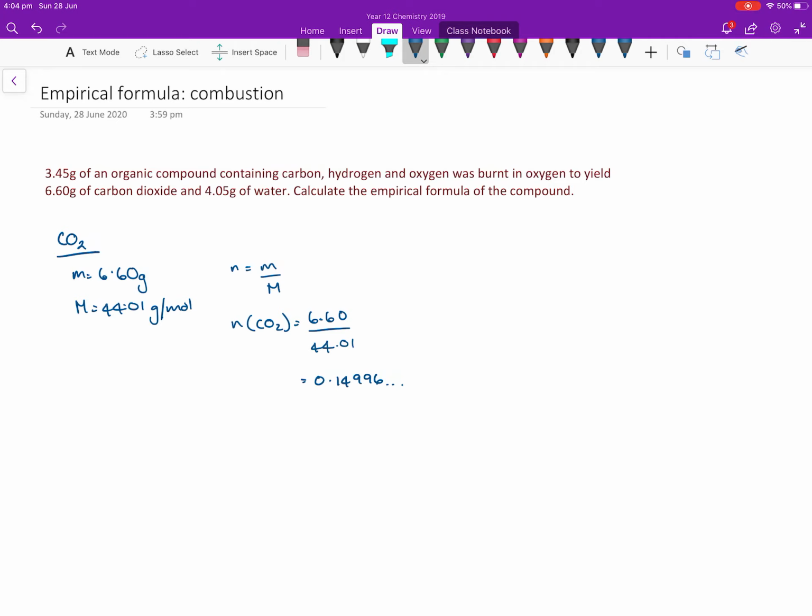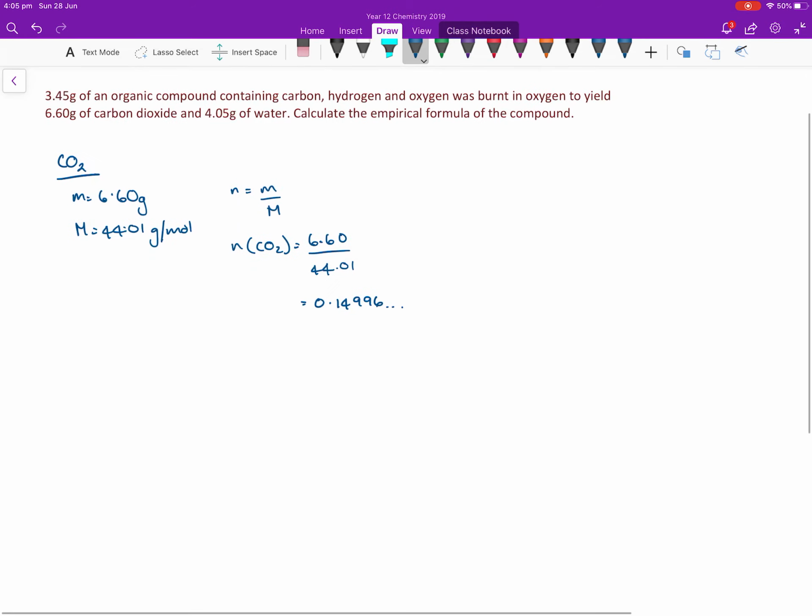Remember from the work we did last week that when we're working out the empirical formula, we need to find the ratio of moles of each of the elements. And one of the ways to do that is to work out the percentage. So in this situation, we're going to now work out the moles of carbon, and because there's one carbon in every carbon dioxide, it will be the same. So 0.14996 as well.